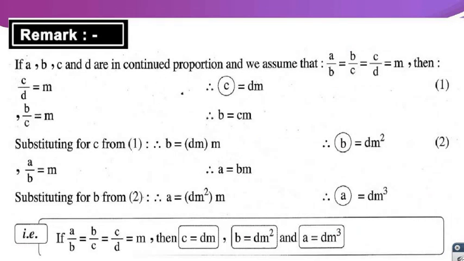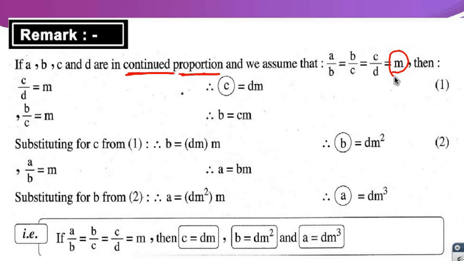Remark, very, very important. If A, B, C, and D are in continuate proportion, we assume that A over B equals B over C equals C over D equals a constant M, where M is a constant not equal to 0.